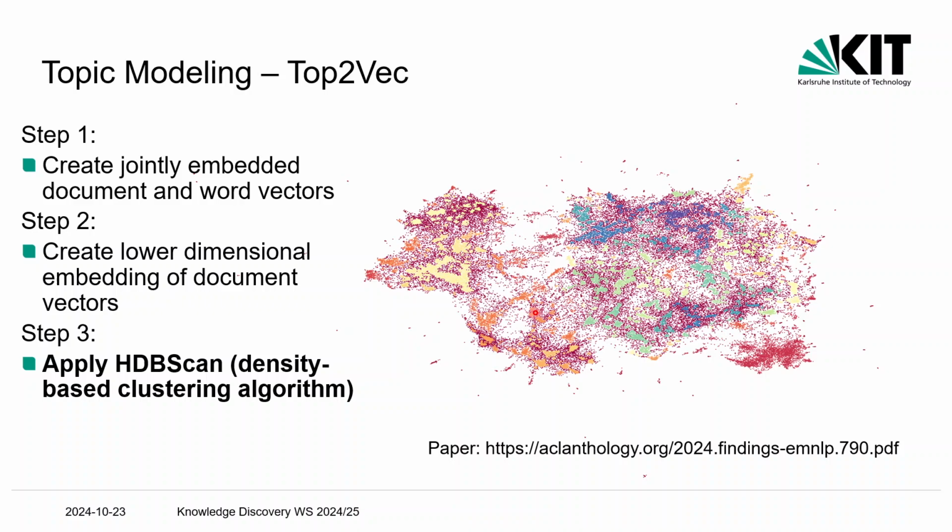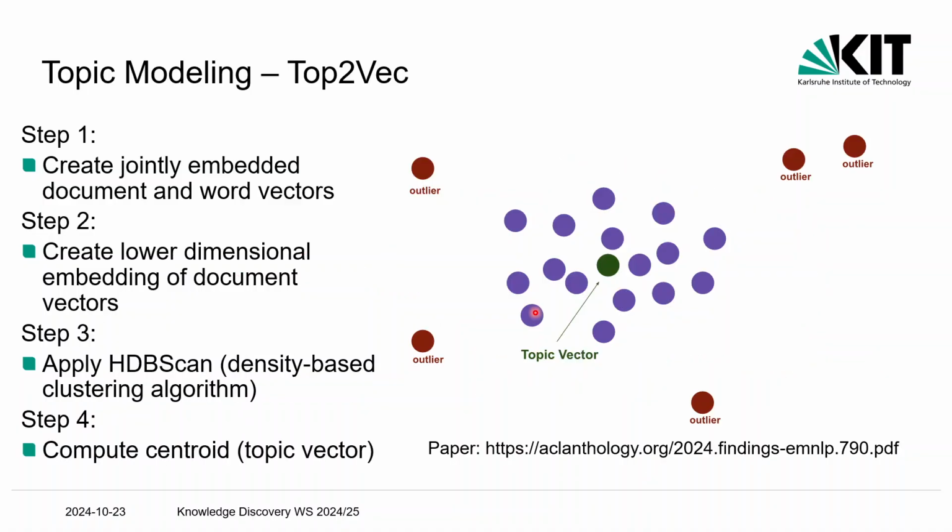Now, step 4: after they've completed the clustering part, they compute the average of the documents within the topic, and ta-da, this is our topic vector. This is what will now represent this topic. HDBScan also has the advantage that it finds outliers pretty well.